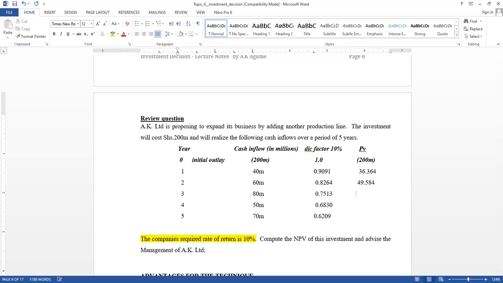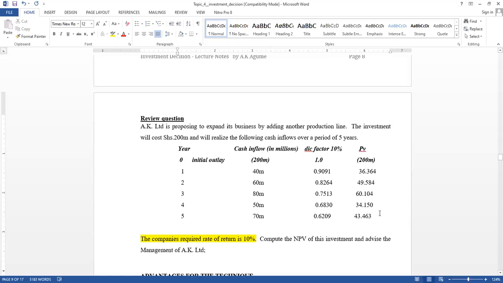Then this one, times 80. That is 60.104. Then this, that is 34.150. Then this, 43.463.